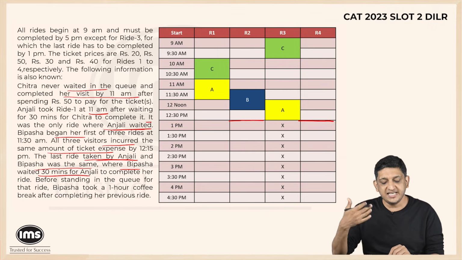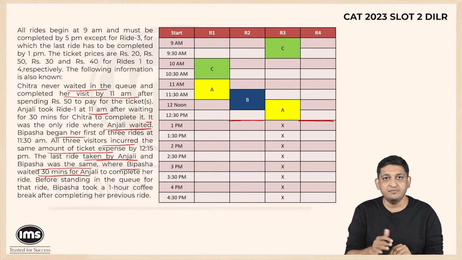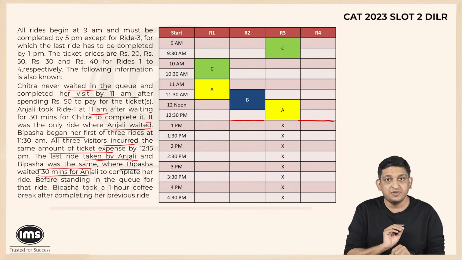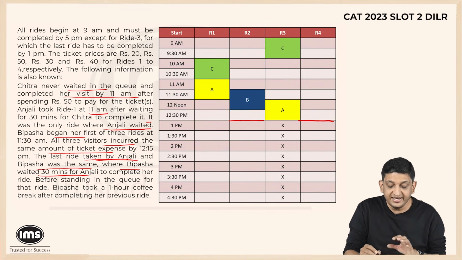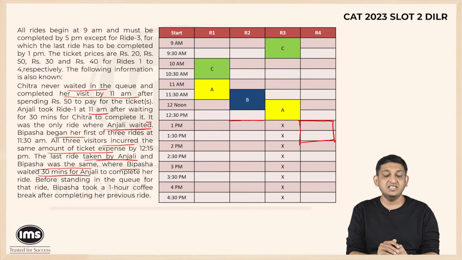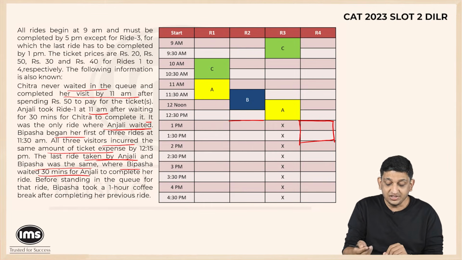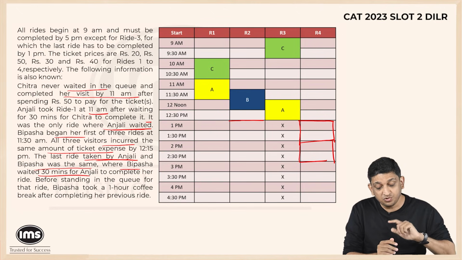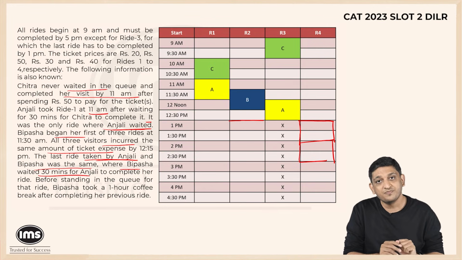We also know that the same ride would have been the last ride that would have been taken by Bipasha. Now in this particular context, if the next ride taken by Anjali is ride 4, let's say for example, then what will happen? As soon as Anjali comes out, Bipasha will have to take ride 4. But before that, Bipasha has to undertake ride 1 as well.